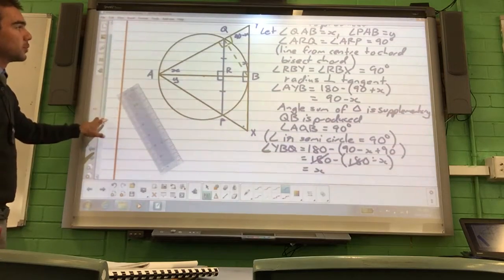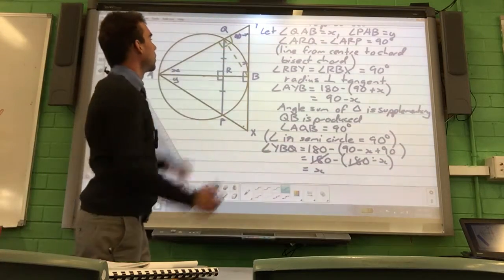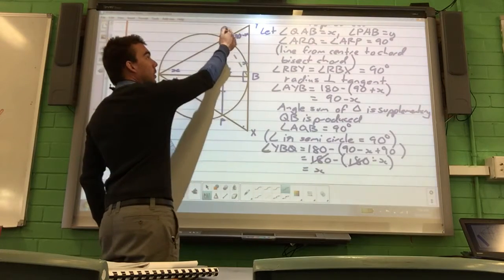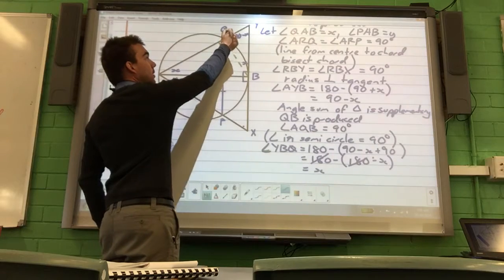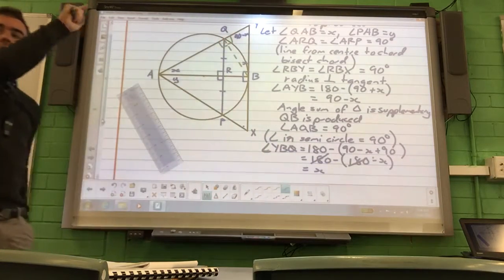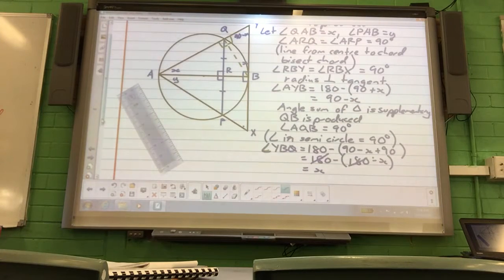Alright, so the reason why I'm doing that is because we need this angle here for the cyclic quad. I know that this part of it here is 90. I need an expression for this part here so I'll get the overall size of that angle there.